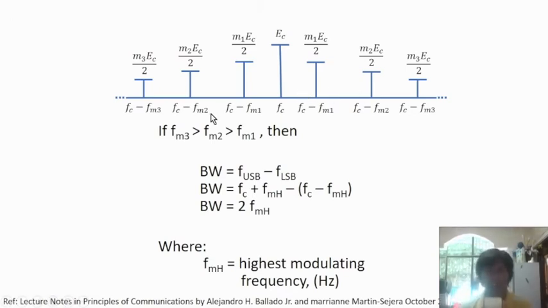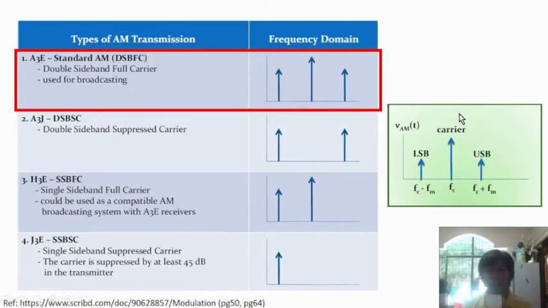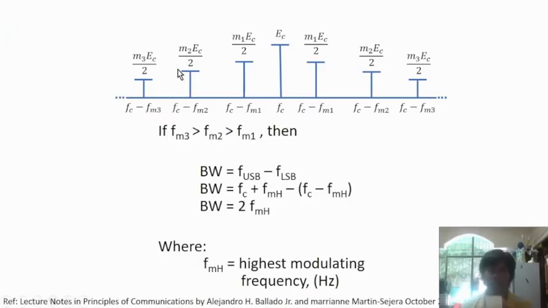As we've discussed, this is an A3E standard AM DSBFC. We have the carrier frequency in the middle and the sideband frequencies. The left is the lower sideband frequencies and the right is the upper sideband frequencies.